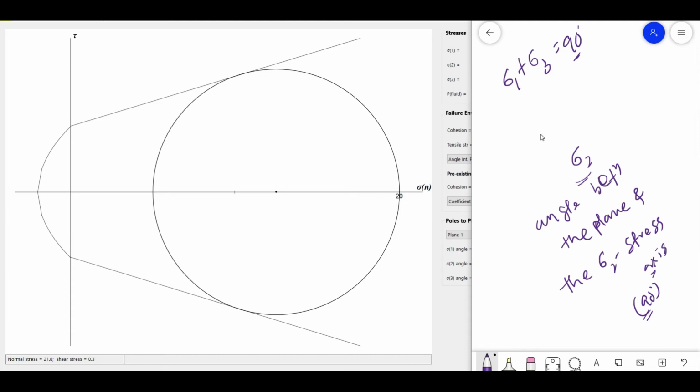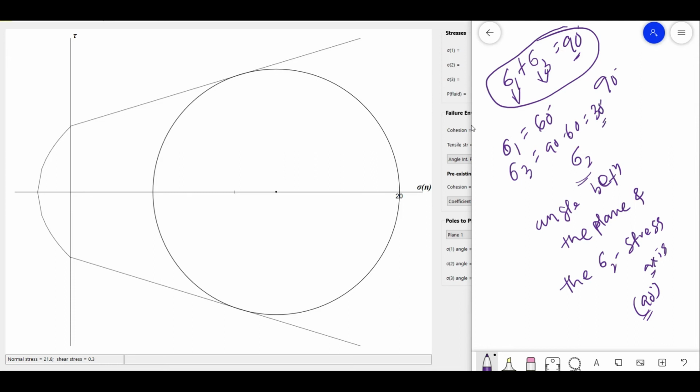That means the angle between the plane and the maximum normal stress, and the angle between the plane and the minimum normal stress, sum to 90 degree. That means if we take sigma 1 at 60 degree, sigma 3 will automatically be 90 minus 60, that is 30 degree.